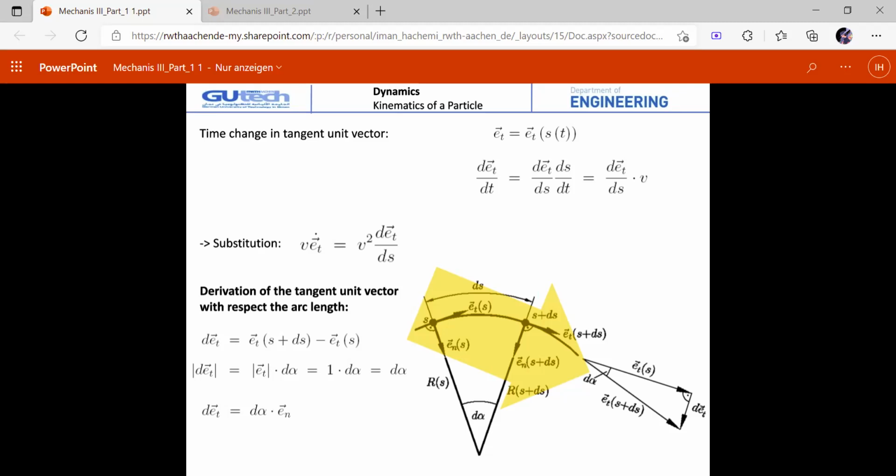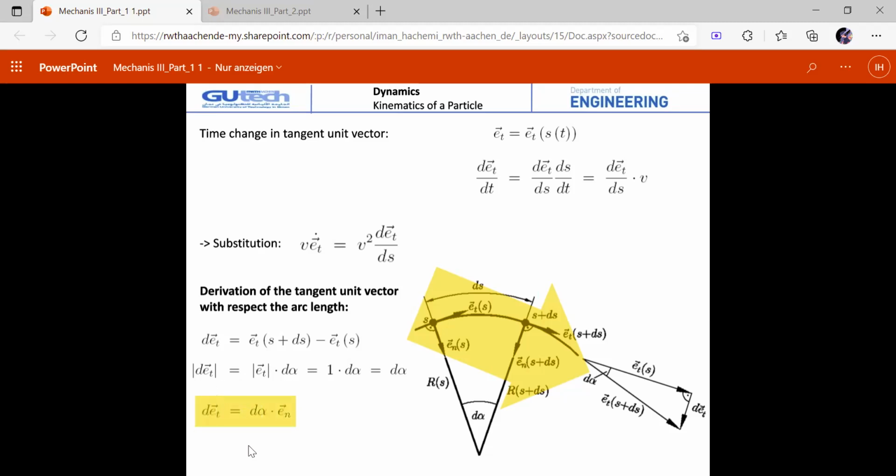As it's tending to 0, the tangent of alpha is only alpha. Then the unit vector's absolute value is only 1, because we call it a unit vector; it's a vector, but its absolute value is only 1. Then we get dEt, which is only alpha multiplied by En.